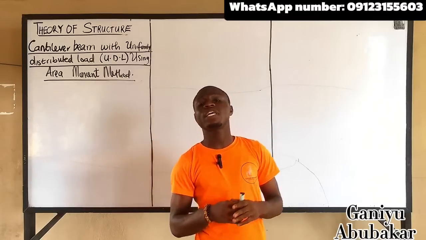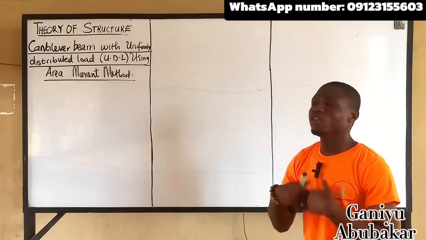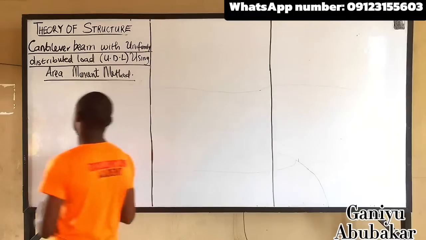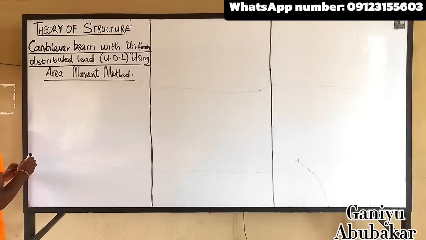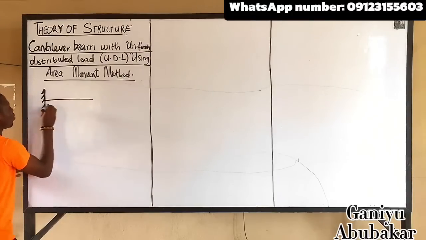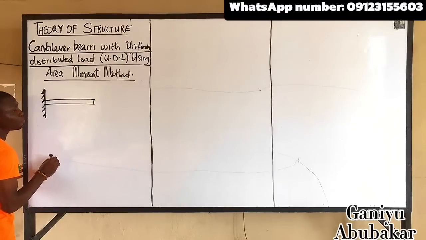First things first, whenever you get the words cantilever beam with uniformly distributed load, your first task is to draw a diagram. So for my diagram here, I have a cantilever beam, something of this nature, with a uniformly distributed load.